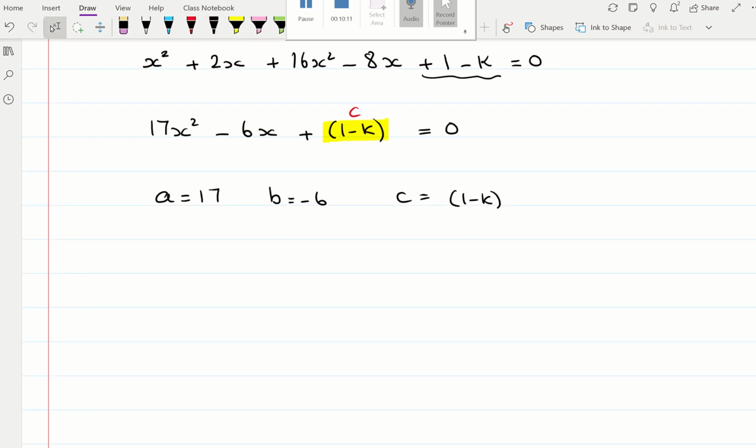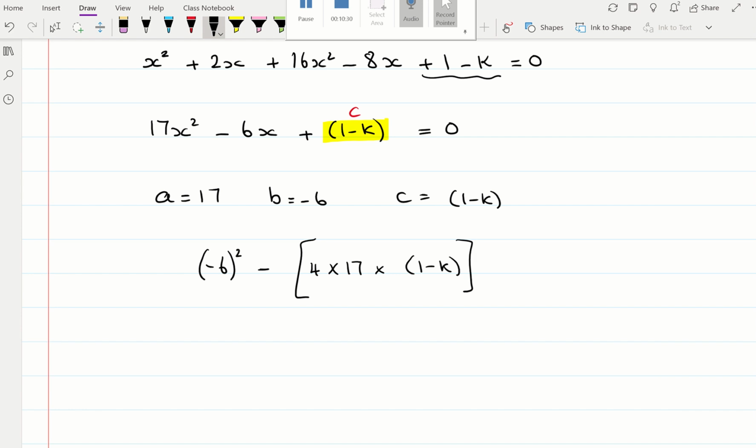And using the discriminant, I've got negative 6 squared, which is positive, so you can just put 6 squared, minus 4 times 17, I might use a big bracket, 4 times 17 times 1 minus k.